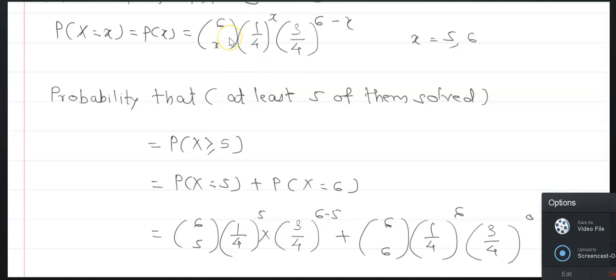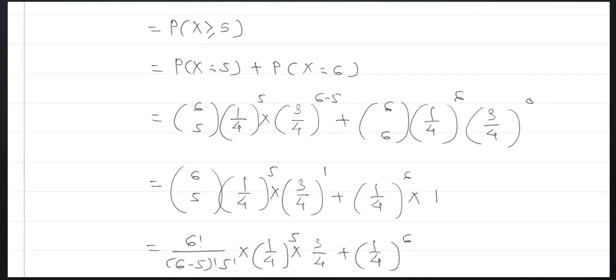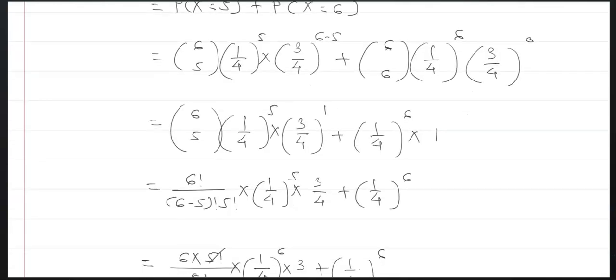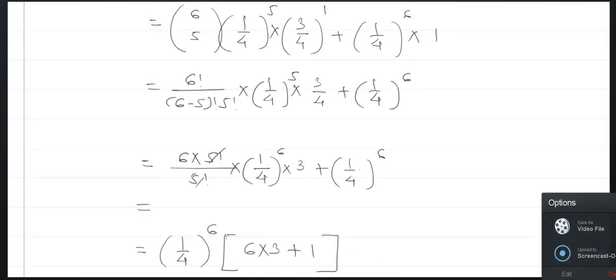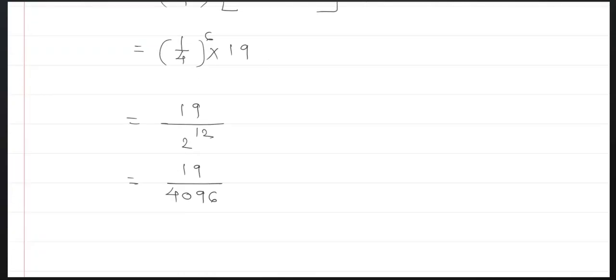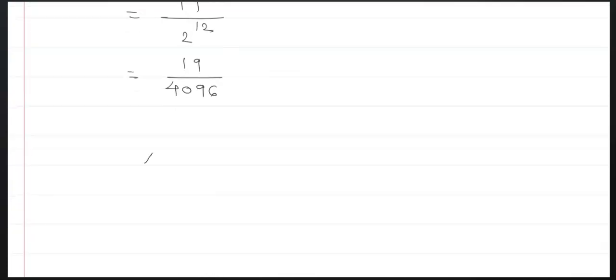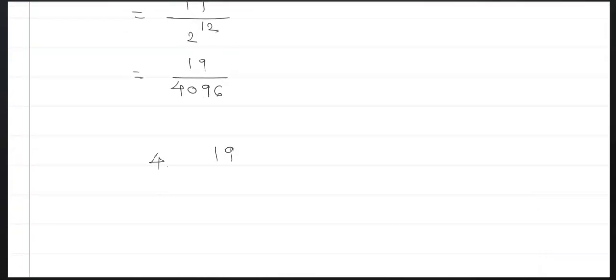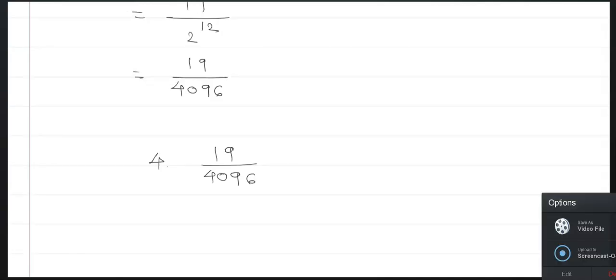Now substitute the value here, that is x equal to 5 and x equal to 6. Then you will get the answer. Therefore option 4 is the correct one, that is 19 upon 4096.